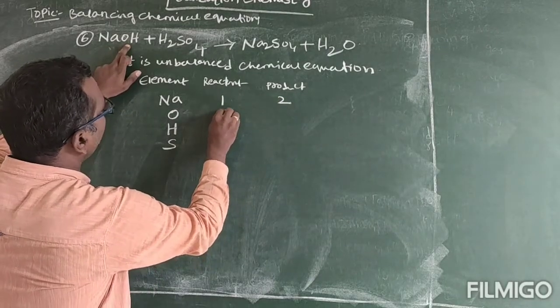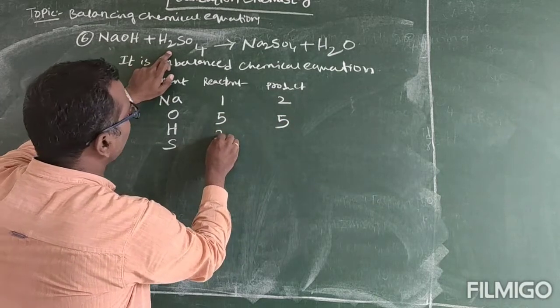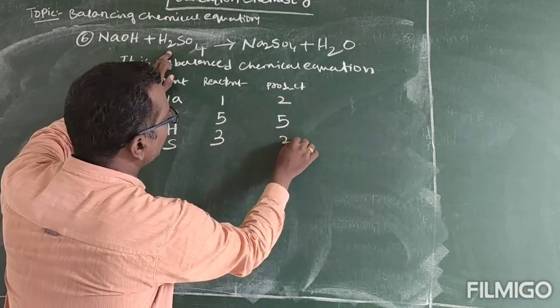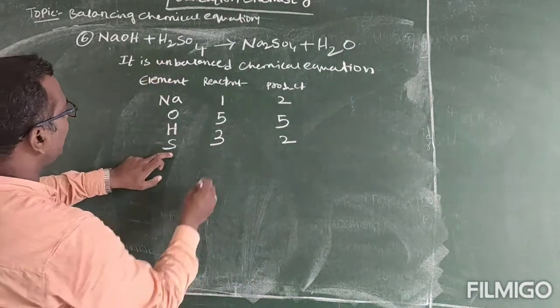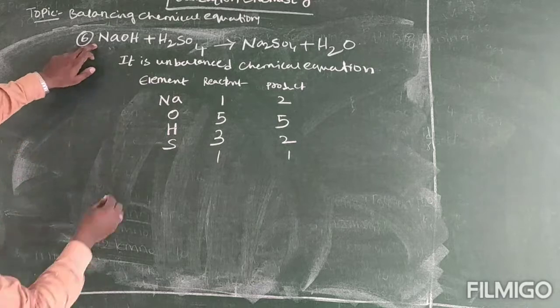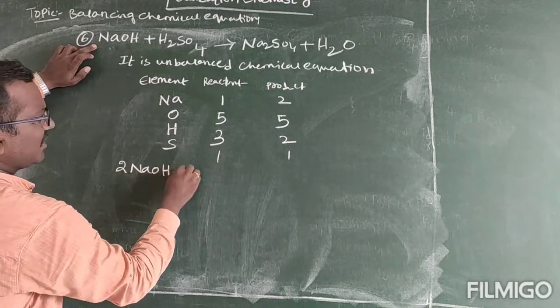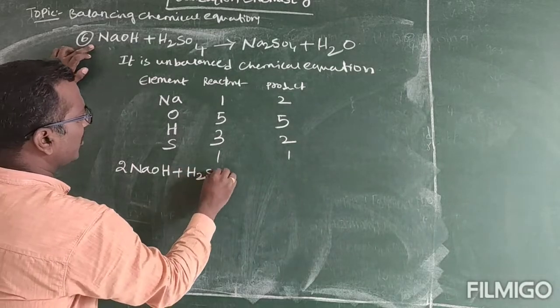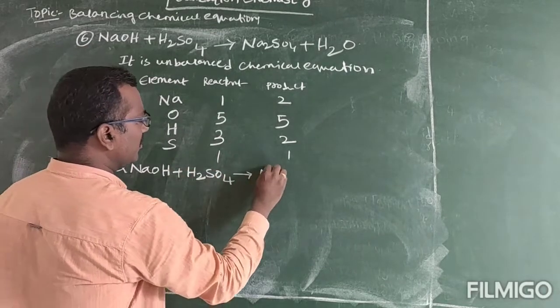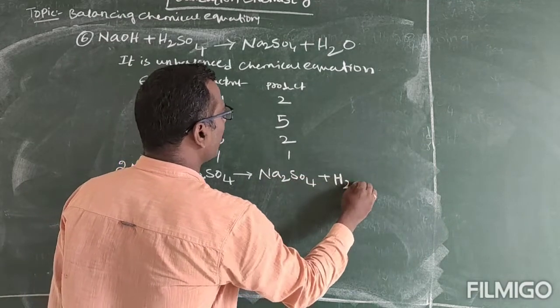Oxygens 4 plus 1, 5. Here 4 plus 1, 5. Hydrogens here 3 and here it is 2 only. Next sulfurs, here one and here one. So now first I will manage this 2NaOH plus H2SO4 gives rise to Na2SO4 plus H2O.